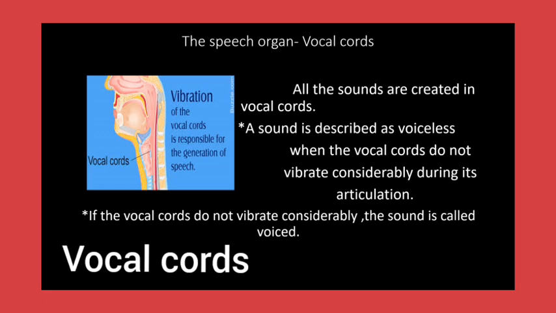Vibration is there, but the considerable vibration is not there. It's called voiceless sound. If the vocal cords do not vibrate considerably, they are known as voiceless. If the vocal cords vibrate considerably, that particular sound is called voiced.